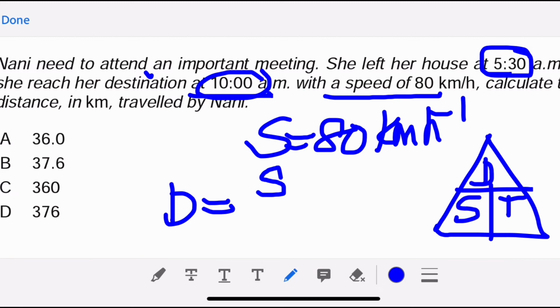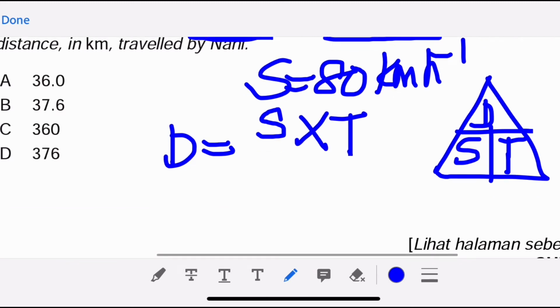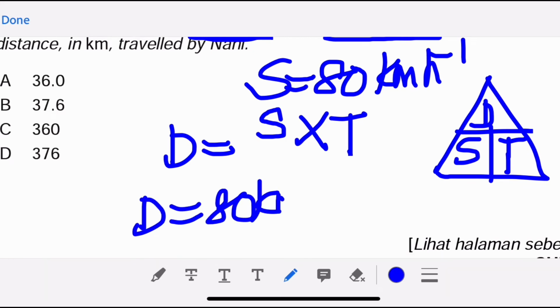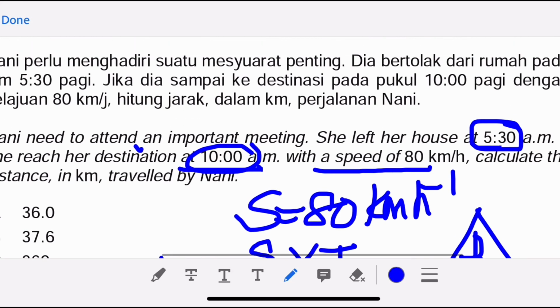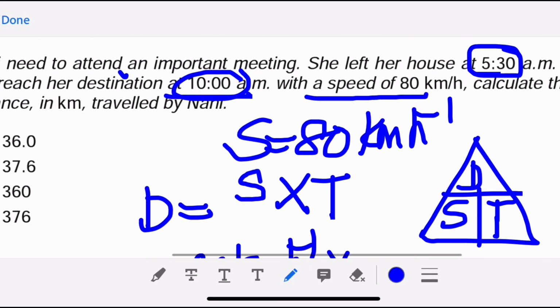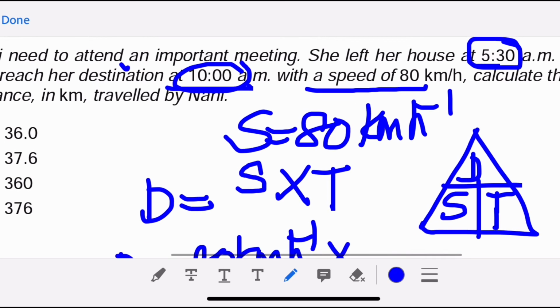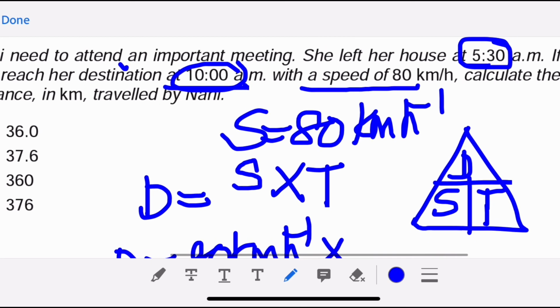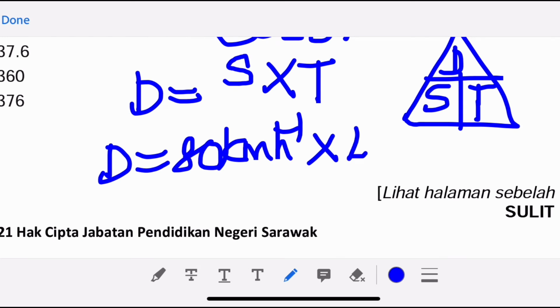Right? So that means if we want to find the distance, we have to take the speed and time and multiply, right? So distance is speed, kilometer per hour, times the time. 5:30 to 6 is half an hour, 6 to 10 is 4.5 hours, right? So we will take 80 times 4.5.